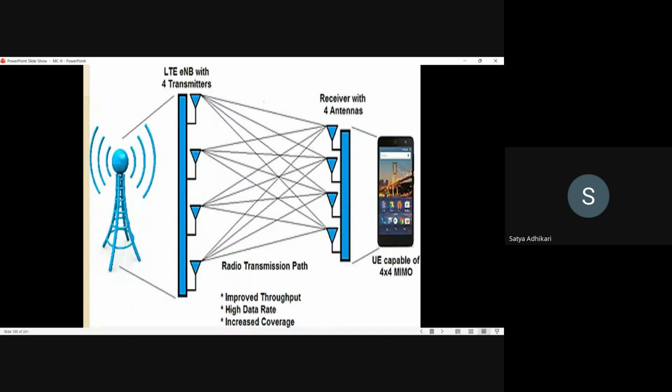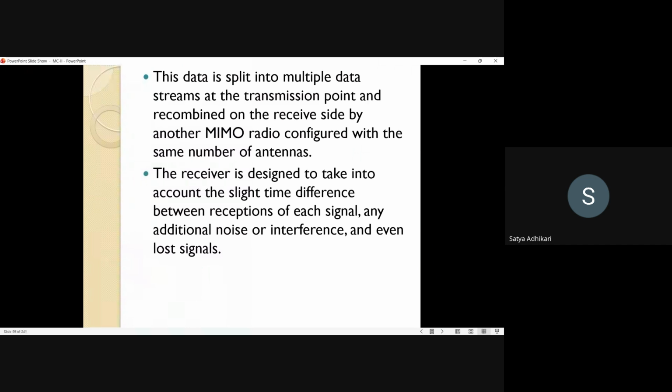And this is the radio transmission path. You see there are high data rates and improved throughputs. They are using multiple input and multiple output. So it is capable of four, known as 4x4 MIMO. The data is split into multiple data streams at the transmission point and recombined on the receive side by another MIMO radio configured with the same number of antennas.